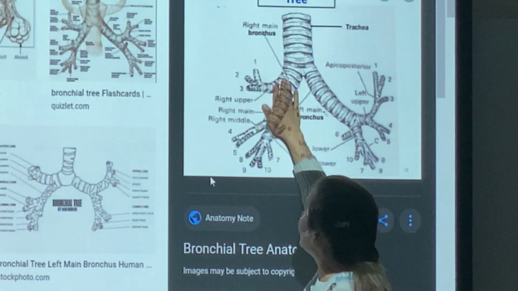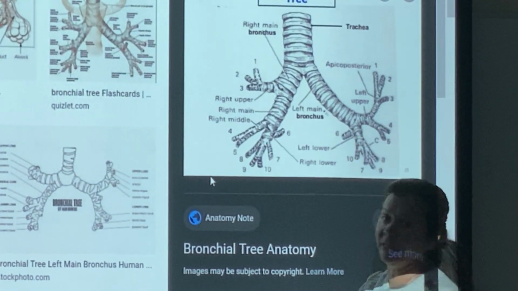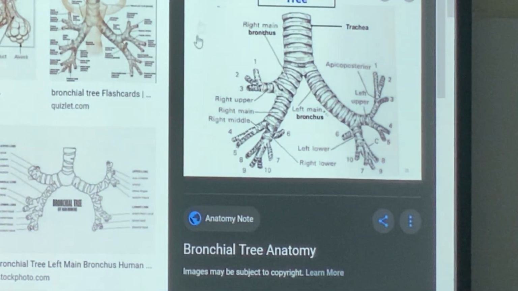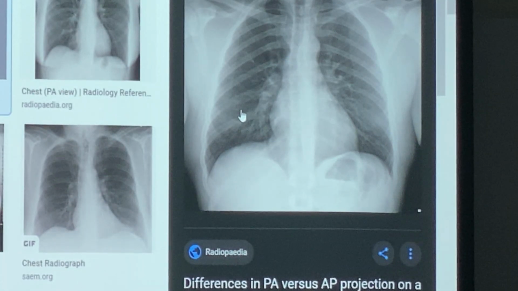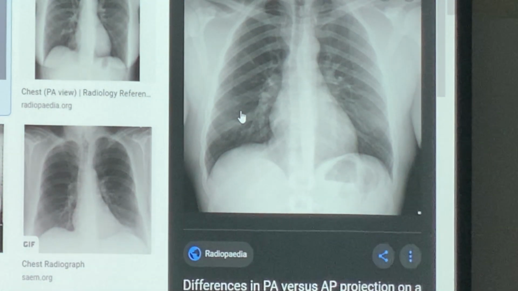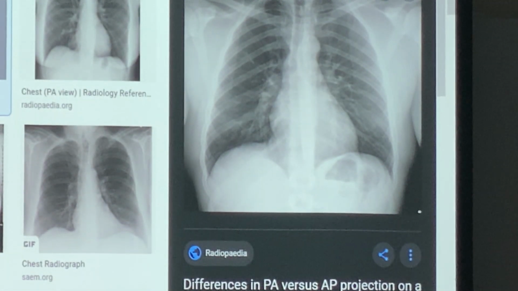So that ramification is basically what you're seeing in the x-ray. So that is completely normal, and that is not CHF.